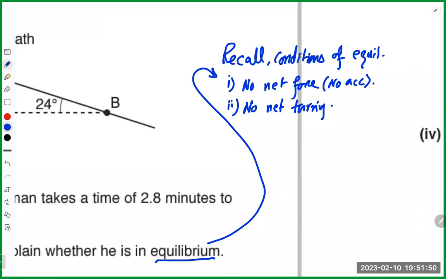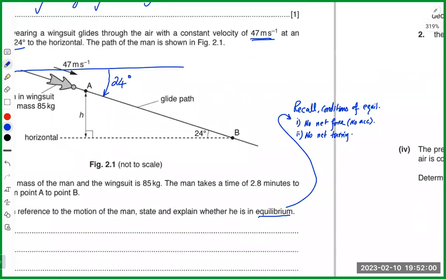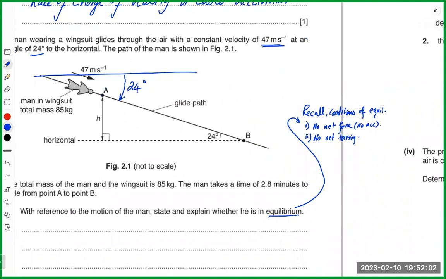Is there any part on this diagram where the examiner says that the object is accelerating, or any part of the statement that confirms that the object is not accelerating?